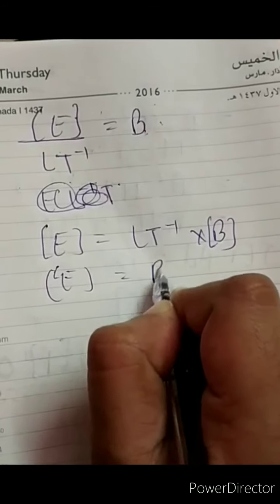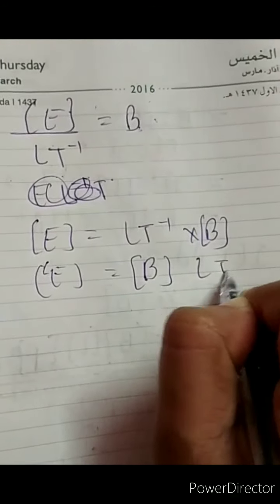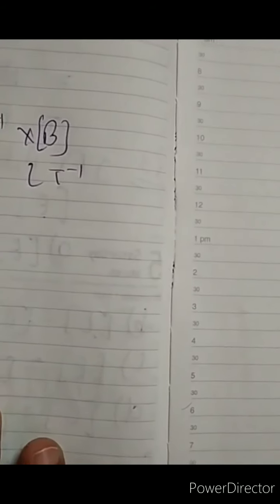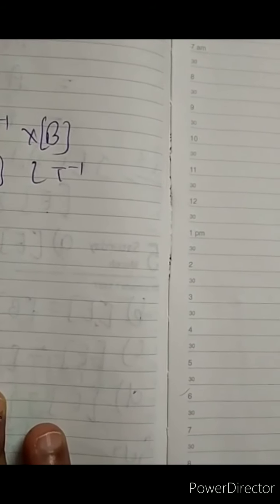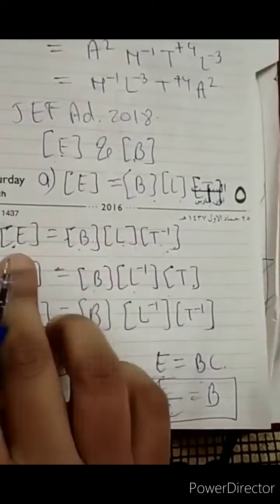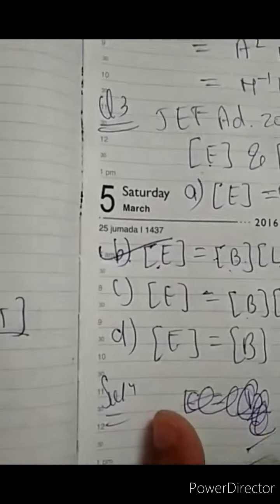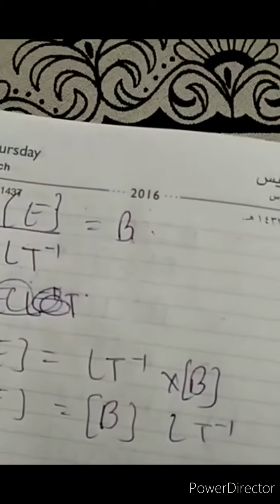Now which option is correct? LT minus 1. That is option B, LT minus 1, EB. Option B is correct. Fine.